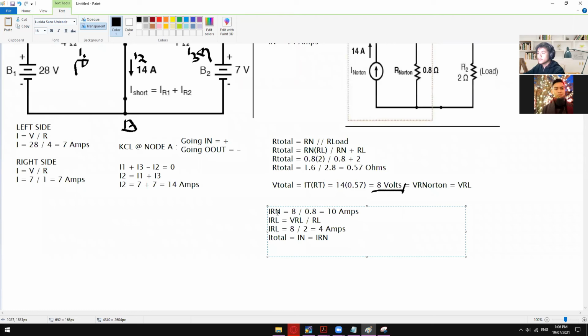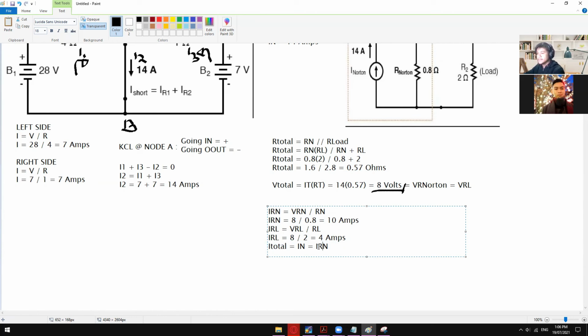Okay, this is for the IRN. And then IRL. I did erase something. Wait a second. IRN, and then VRN, and then RN. Okay, so there you go.